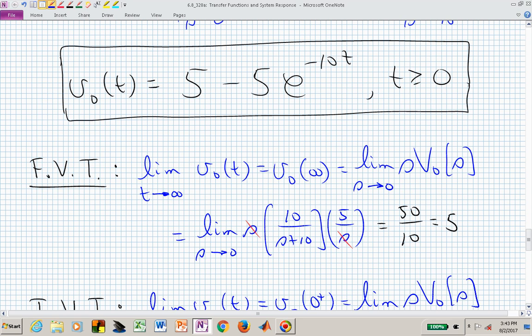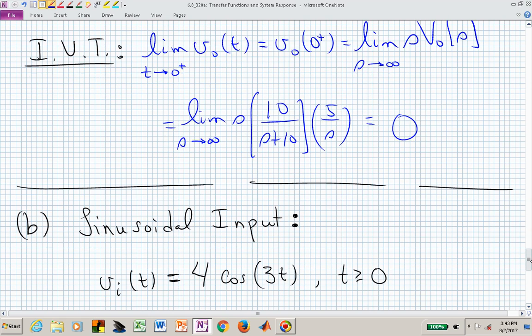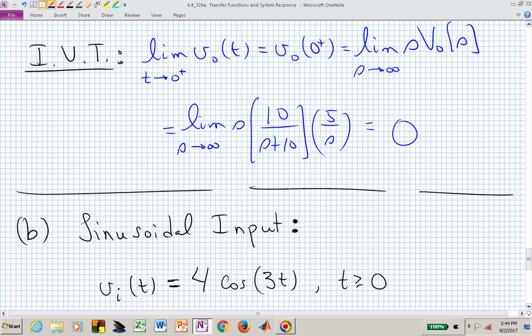And so now you can imagine what this v sub 0 of t waveform looks like as a function of time, all based on a little Laplace transform analysis. As I said, as long as we now have the transfer function, we can start examining many different possibilities for the input waveform.